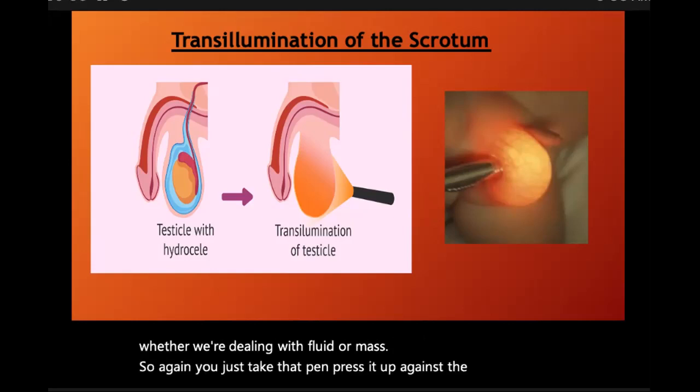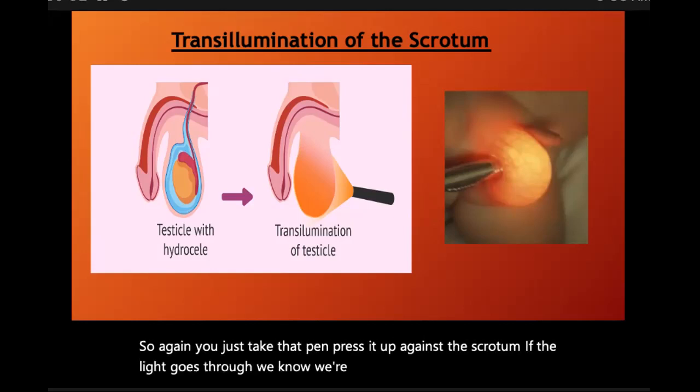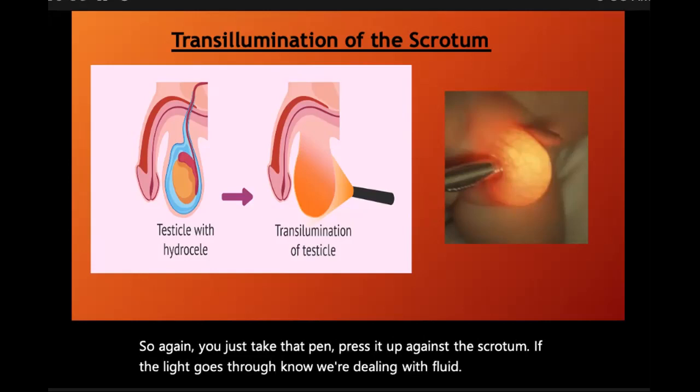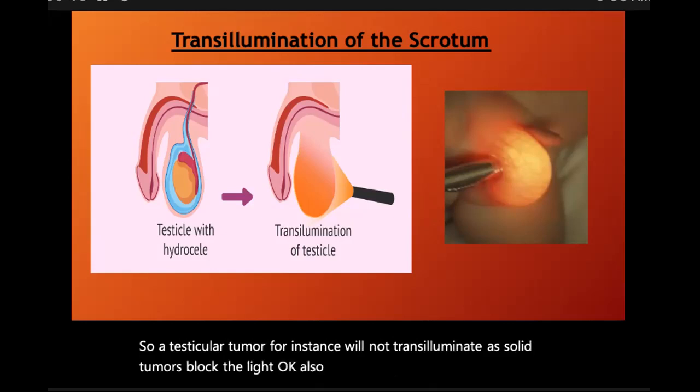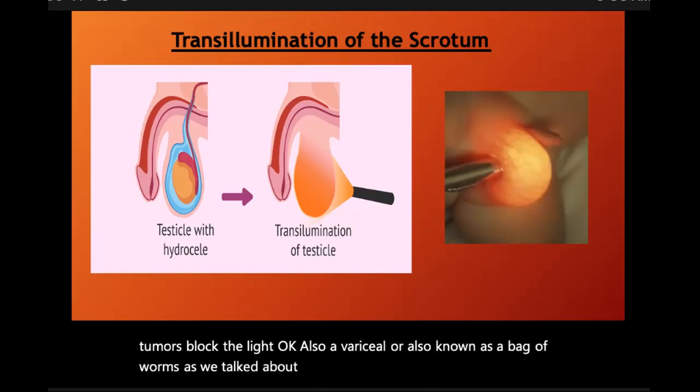If the light goes through, we know we're dealing with fluid. So a testicular tumor, for instance, will not transilluminate as solid tumors block the light, okay? Also a varicocele, also known as a bag of worms, as we talked about before, will also not transilluminate.